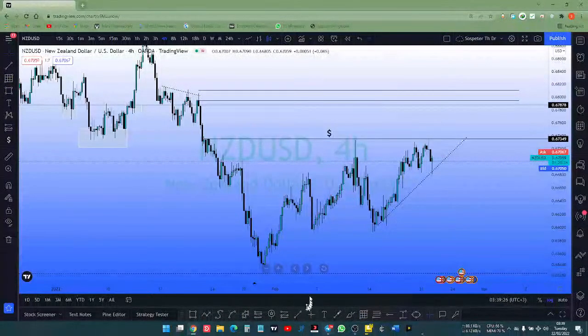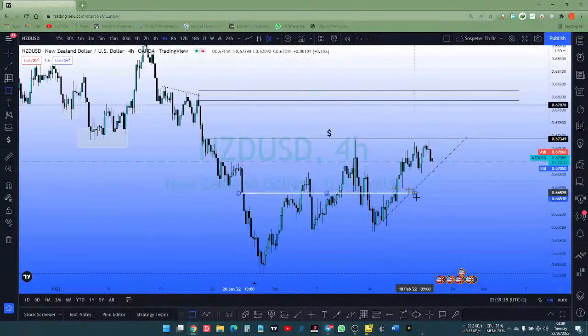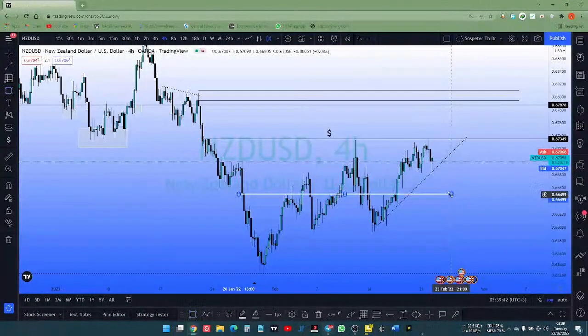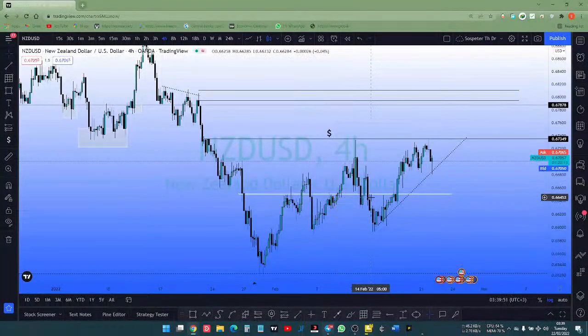For this one, I wouldn't advise to buy, but if I was to buy, I would buy at this level. Remember, our main move is sell. To look for a significant level, you just look for a place with the most touches and the most flips.